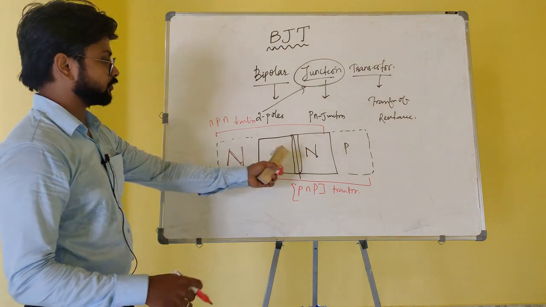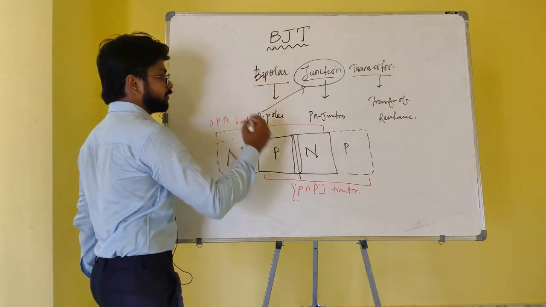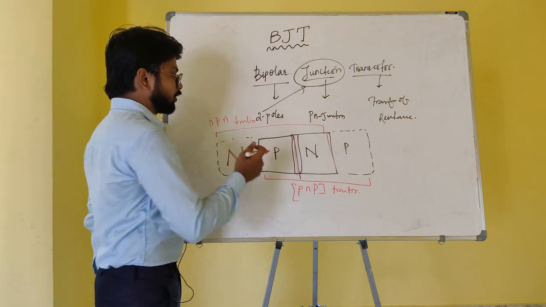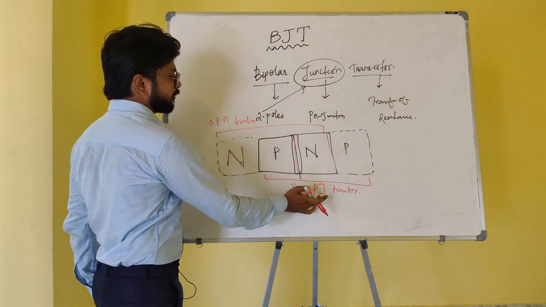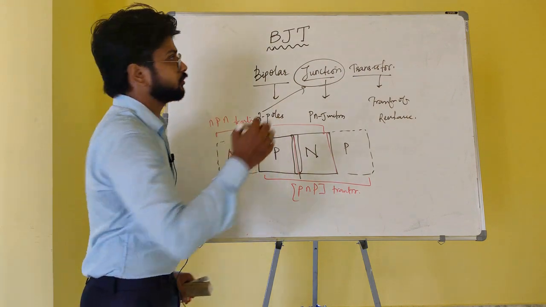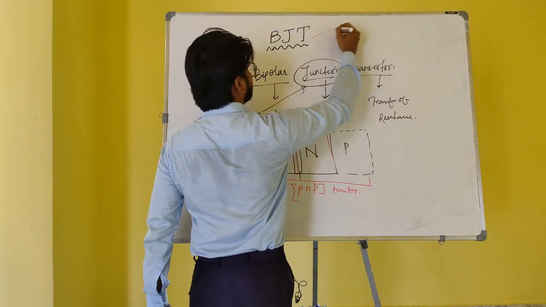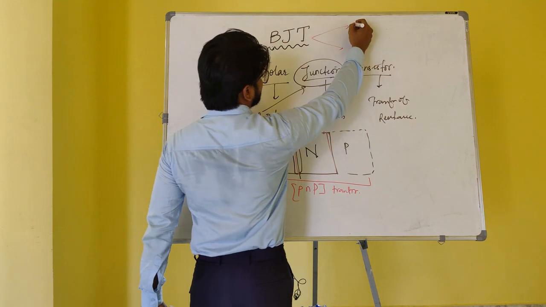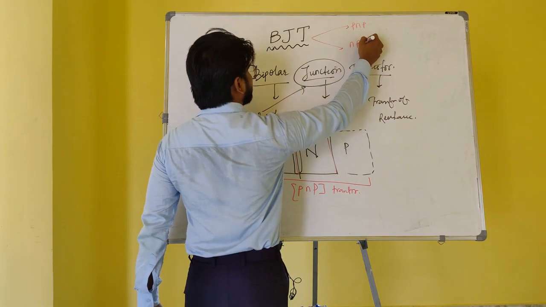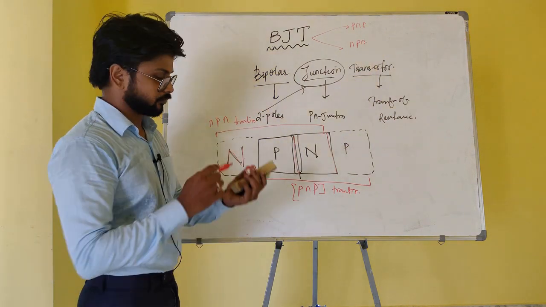So now it's clear that a BJT is the formation of two p-n junctions, and here we have either PNP transistors or NPN transistors. So BJT can be broadly classified into PNP transistor and NPN transistor.